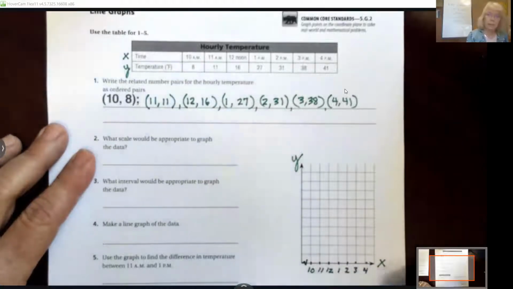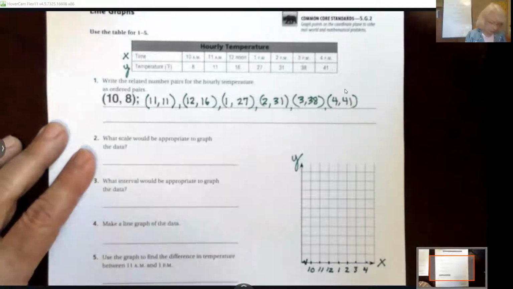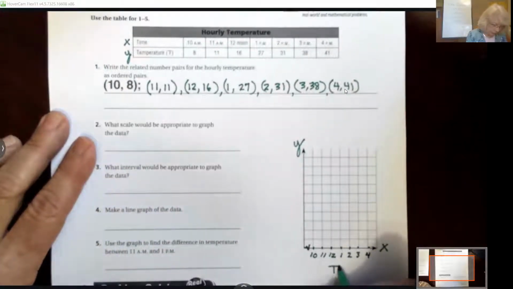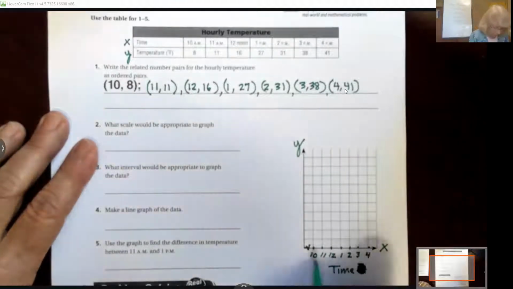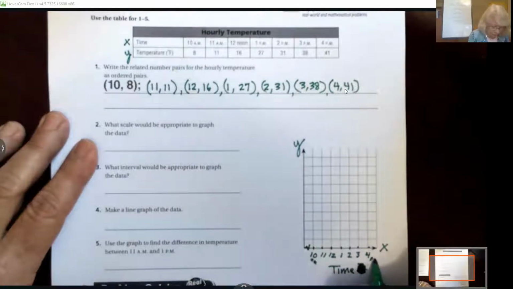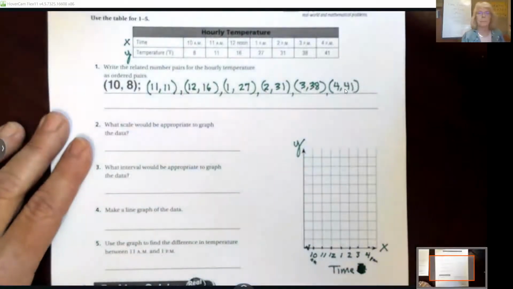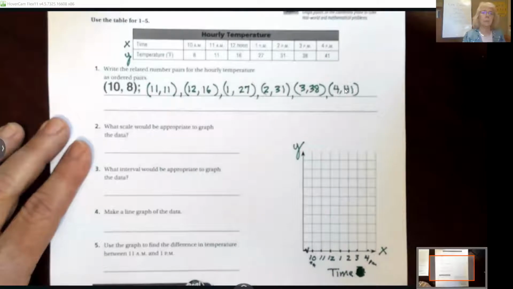And these are in time for PM. So we're going to label this time and just tell ourselves that's time, okay? If I wanted to squeeze it in, I could say 10 a.m., 11 a.m., and down here this is going to be PM, but I don't really need to, I don't think, for our purposes.